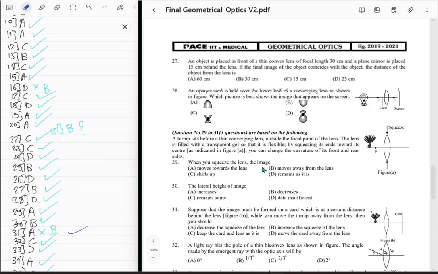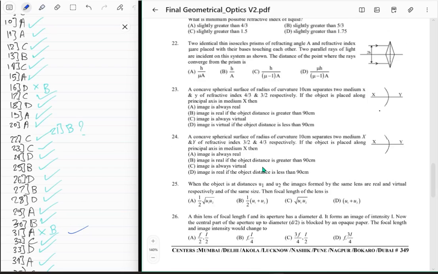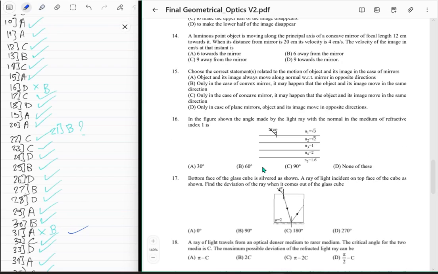I just don't understand that. Let's go to 16th. Right, so 16th B is just not correct. Seriously. In refractive index 1, you have 60 degrees as your angle. So just test if that's correct or not.